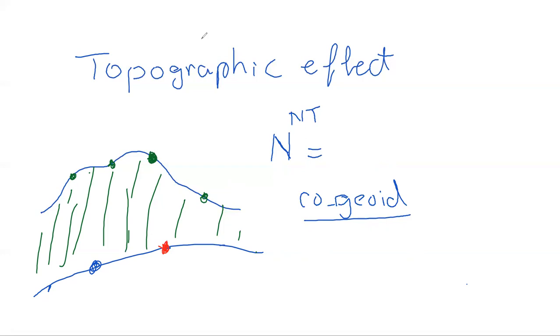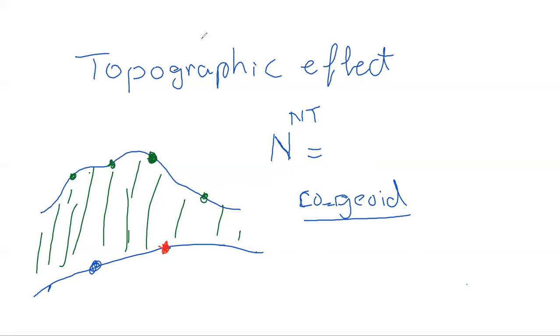But by removing this effect and doing downward continuation, we have actually changed the Earth. Then this geoid that we compute without the topography is not actually the true geoid. It is something like a geoid, or co-geoid. Then we have to change it back to the geoid.